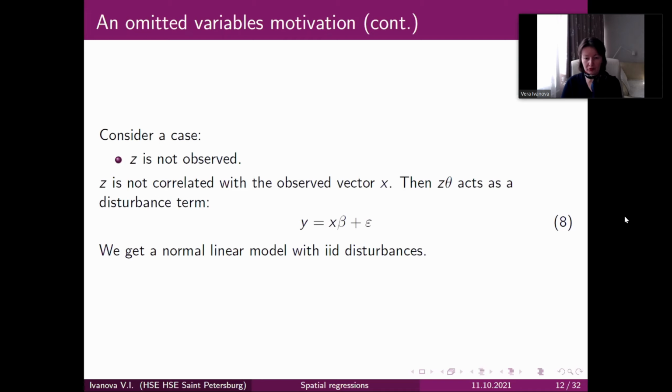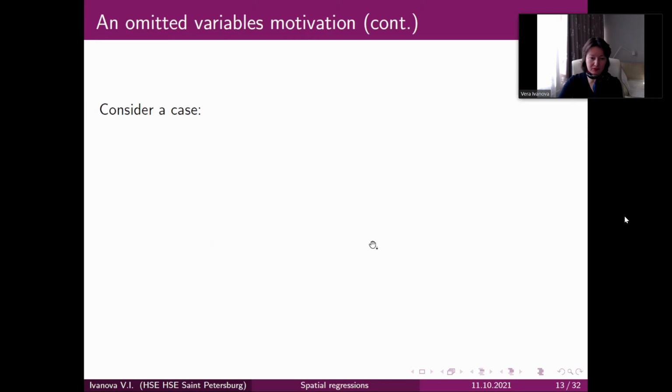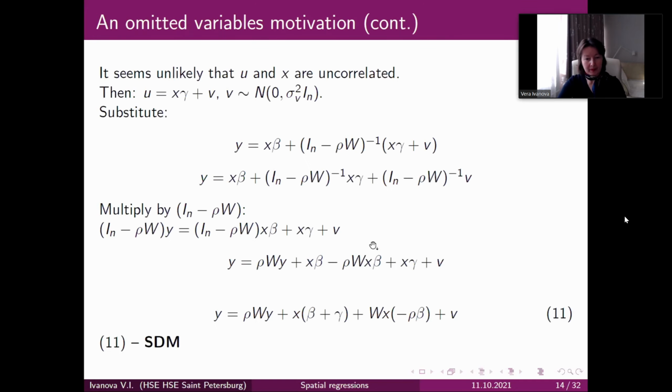Because for regional research, we usually face a situation when we know that we need an indicator, but we cannot measure it. That is, for us, the variable is unavailable, that is omitted in the regression. And also we know that the values of this variable should be spatially interdependent, that is spatially autocorrelated. This case leads us to the spatial Durbin model.